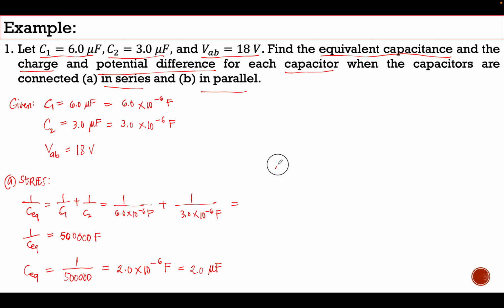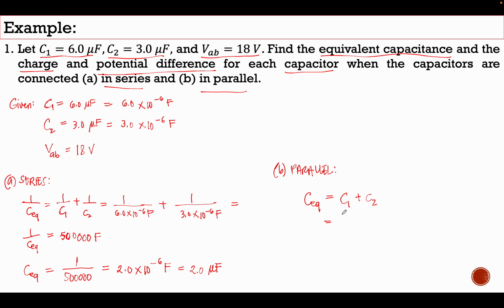So let's start with letter B, kung sa nato si equivalent capacitance in parallel. For parallel, we have to get the equivalent capacitance. It is the sum of C1 and C2.